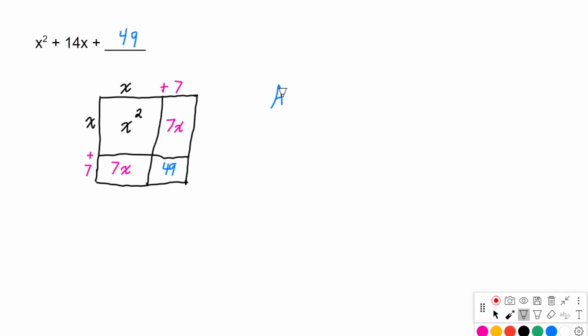So one of my area equations is A of x equals x squared plus 14x plus 49, or A of x equals, using the dimensions of the sides, x plus 7, close our parentheses, squared.